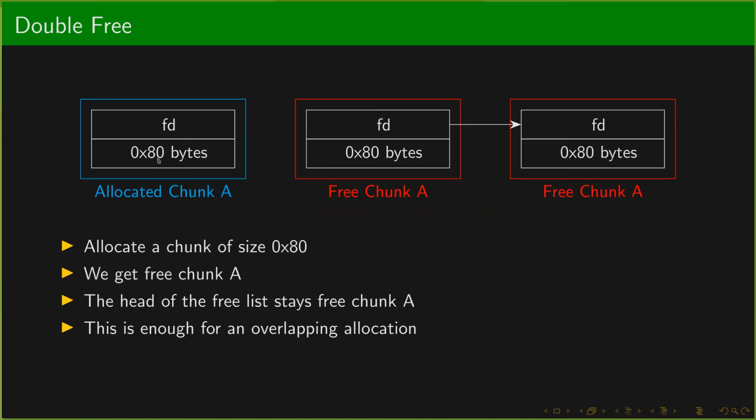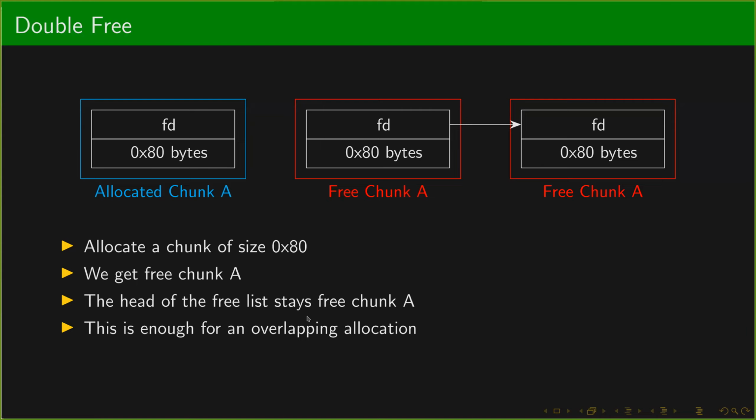So if we allocate a chunk of size 0x80, we just get chunk A. This slide doesn't seem correct. We allocate a chunk of size 0x80, we get free chunk A. That's correct.